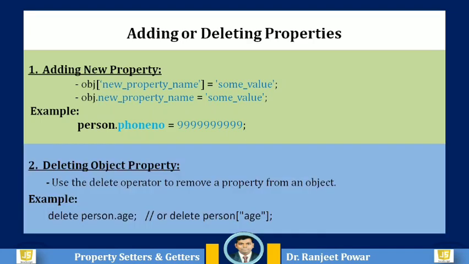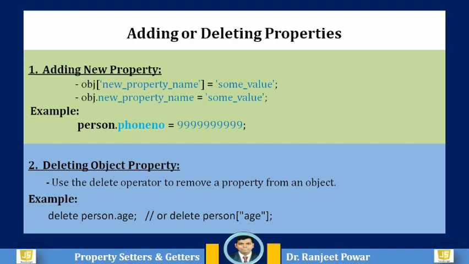To delete a property of an object, we can make use of the delete operator. The delete operator deletes both the value of a property and the property itself. After deletion, the property cannot be used before it is added back again.